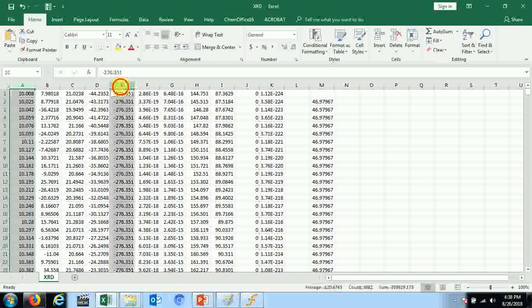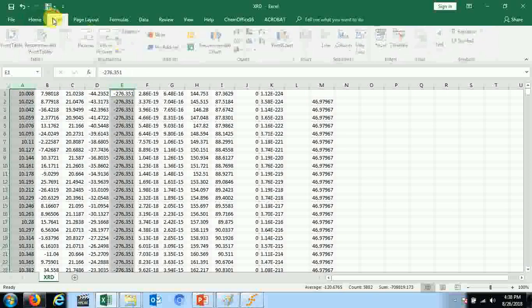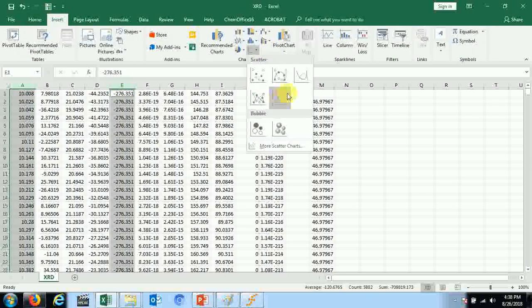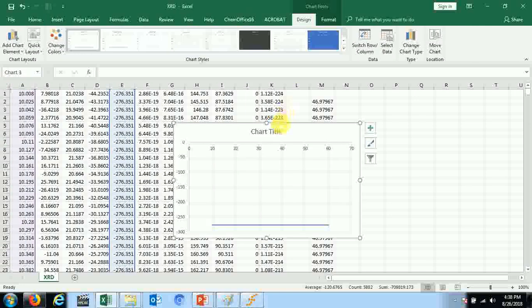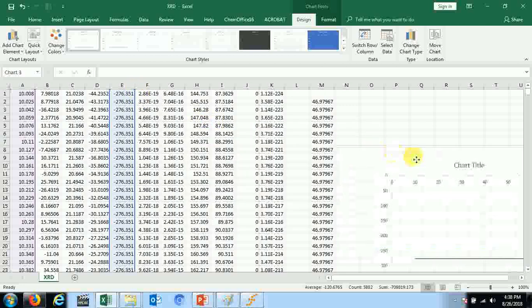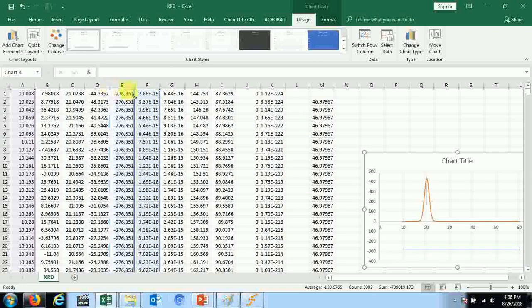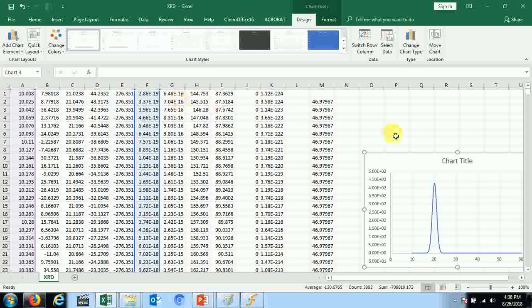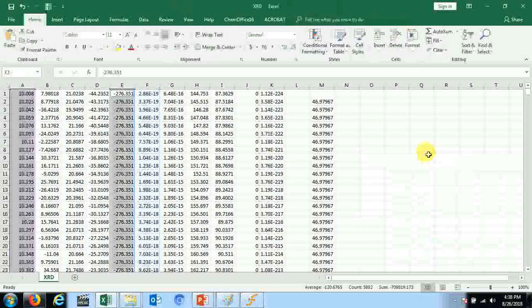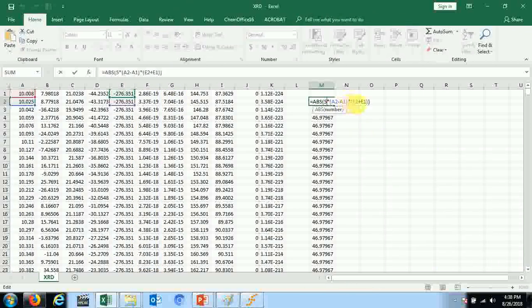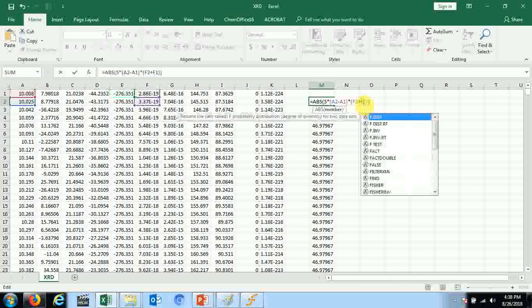Let me check it once again, whether it is E1 or E2. No, I guess it is F, because there is something wrong. All the values are the same. Yes, this is the peak, so it will not be E2, it will be F2 and F1.